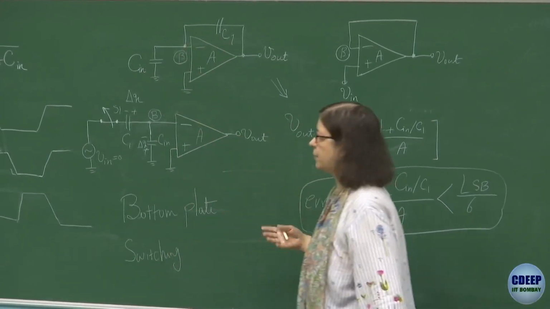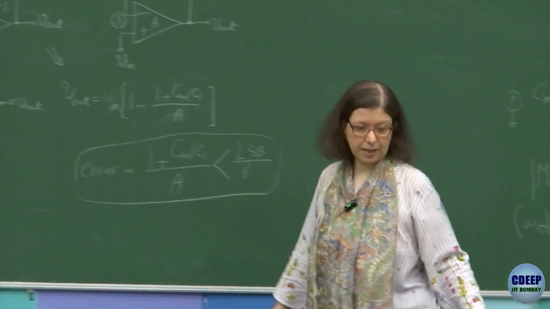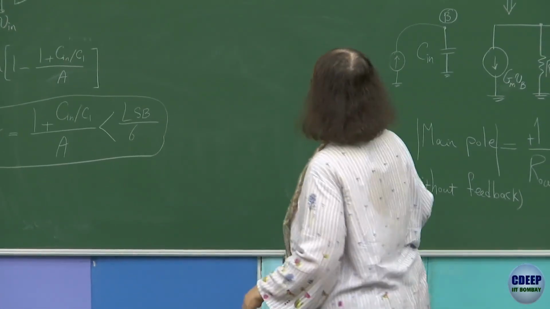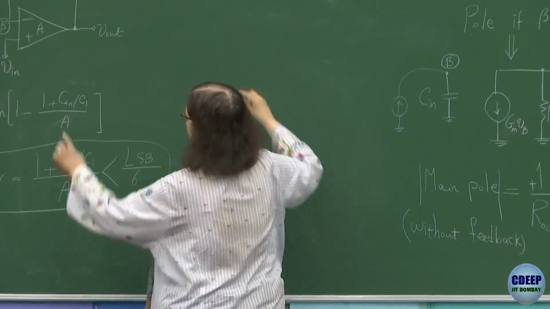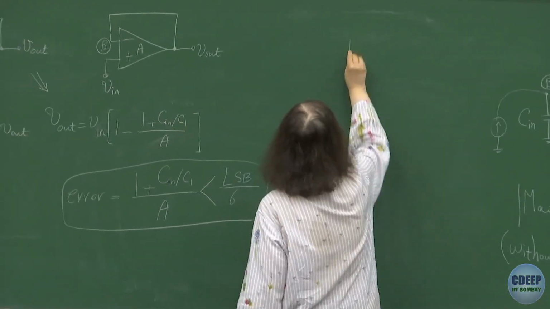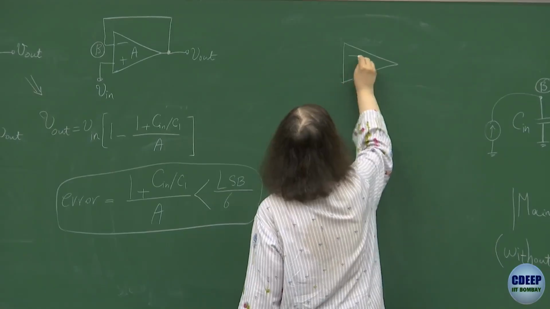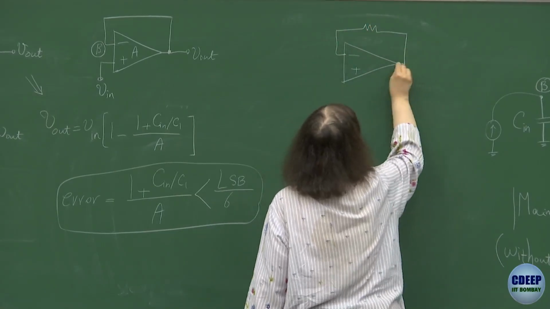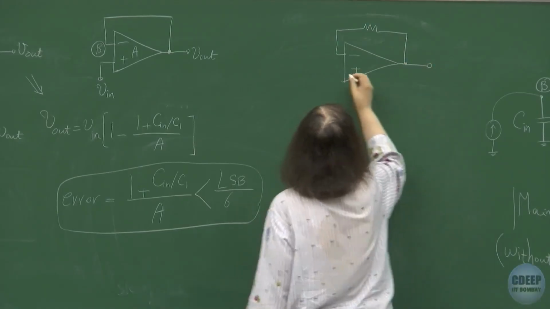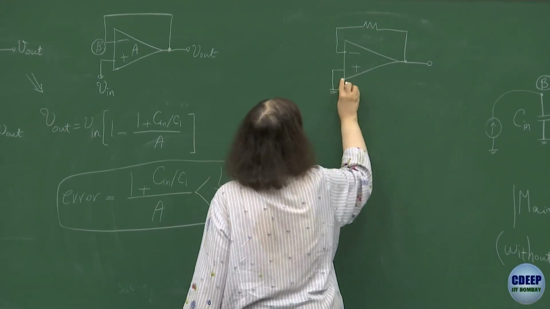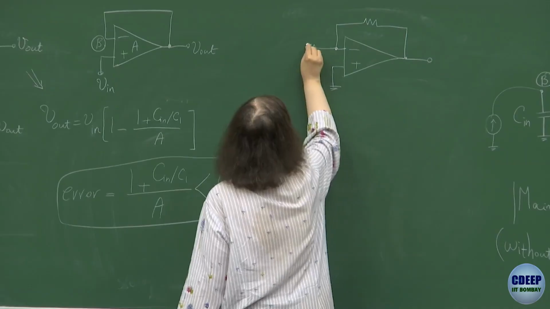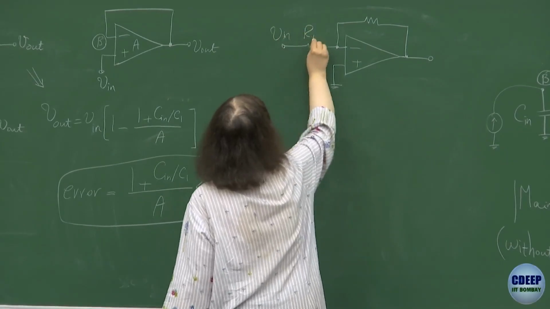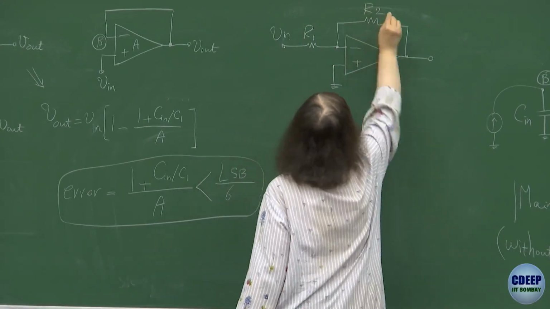But when we come to another circuit, for example a simple amplifier, now we can talk about a linear amplifier. You know the inverting amplifier. This was an analog buffer. Now we have a simple linear inverting amplifier made of an op-amp.